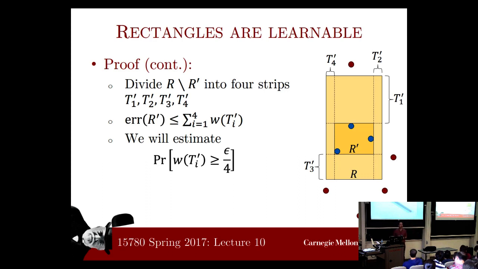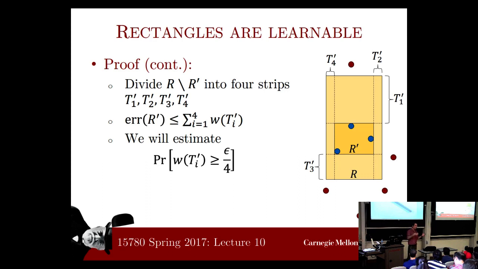They intersect, yes, and that's exactly why we get the next point, which is that the error of R prime is at most the sum from i equals 1 to 4 of the weight of Ti prime. The error of R prime is the weight of the region R minus R prime, which consists of the 4 strips.